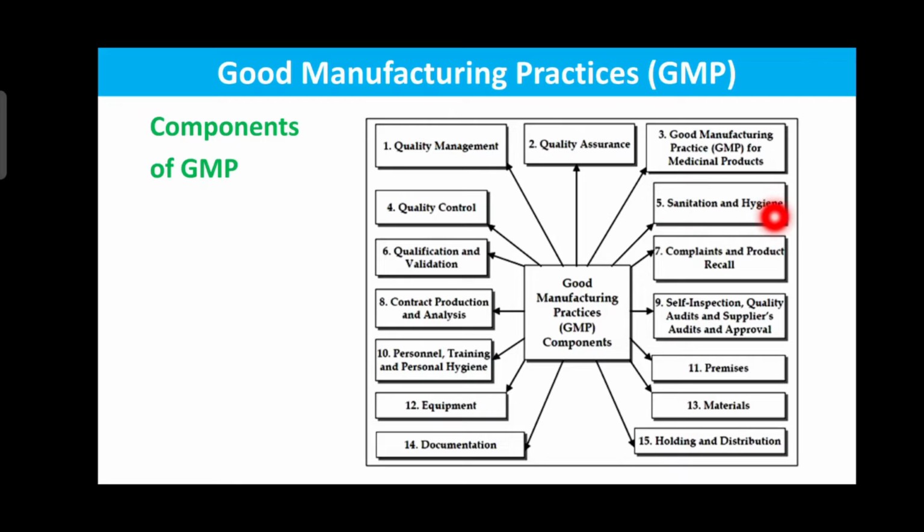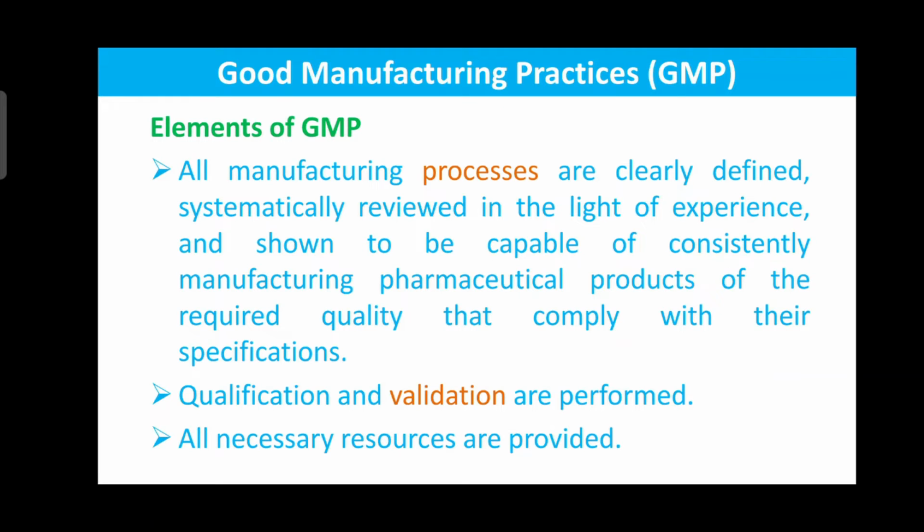Then complaints and product recalls, self-inspection and quality audits, premises, materials, holding and distribution, quality control, guidelines about qualification and validation, contract production and analysis, personnel, their training and personnel hygiene, and then equipment and documentation. So that is all the components of GMP.